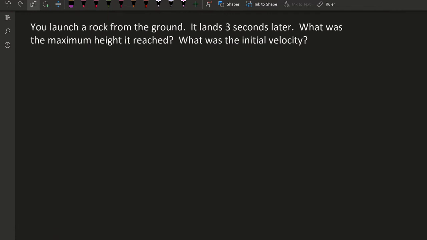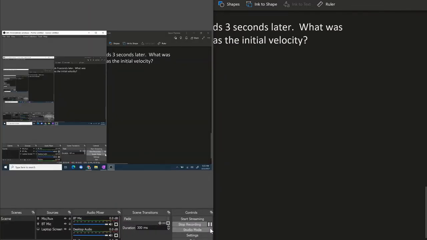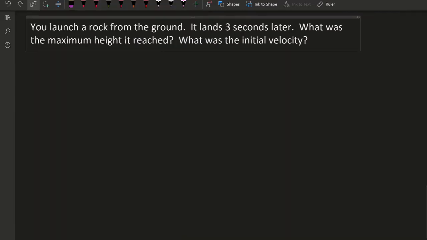You launch a rock from the ground. It lands 3 seconds later. So in this case, picture some way of launching a rock from the ground.